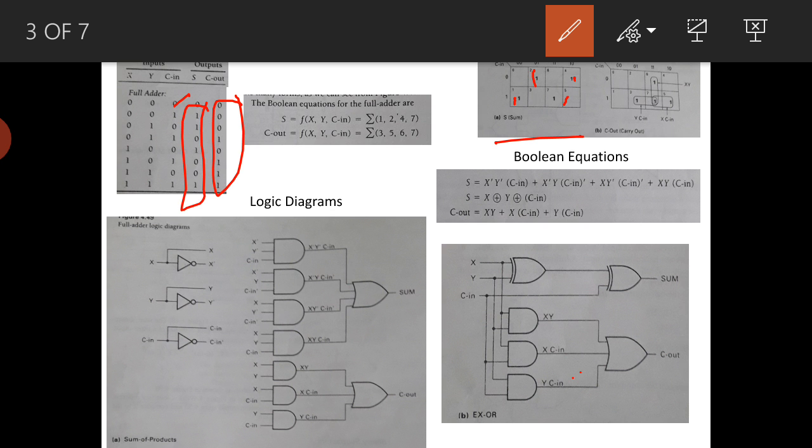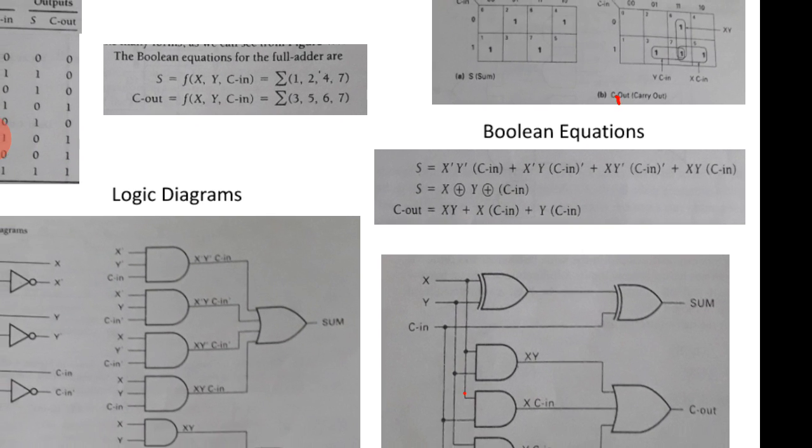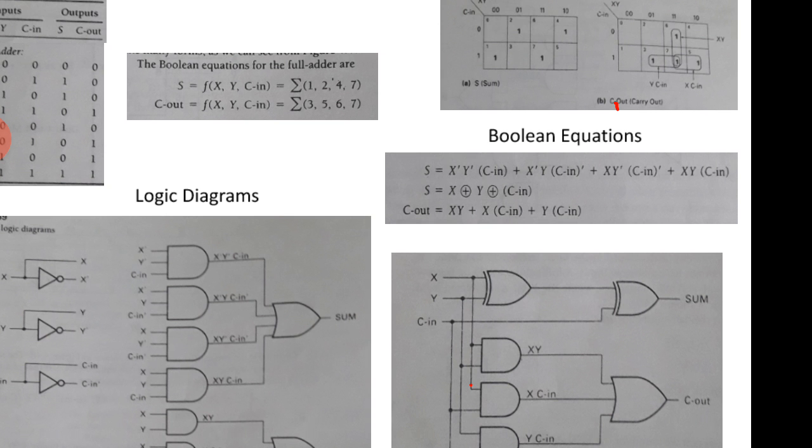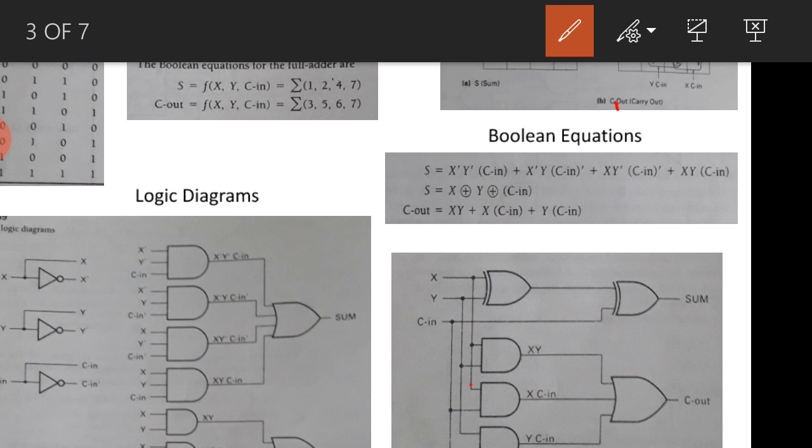So each individual term we need to write. For sum, that is x bar y bar cin, x bar y cin bar, x y bar cin bar, and x y cin. There are 4 terms, that is minterms 1 2 4 7.